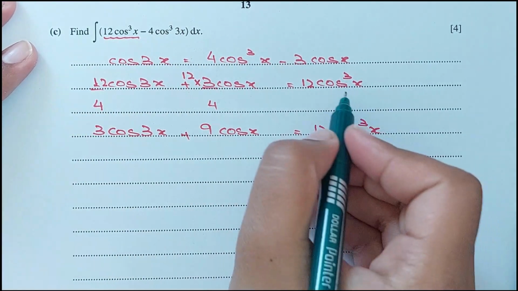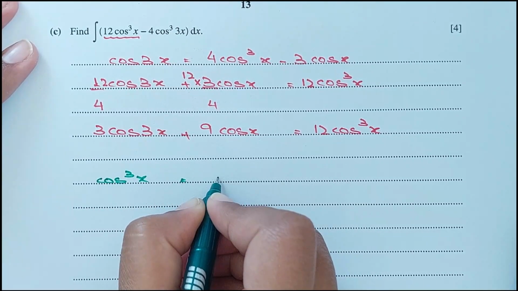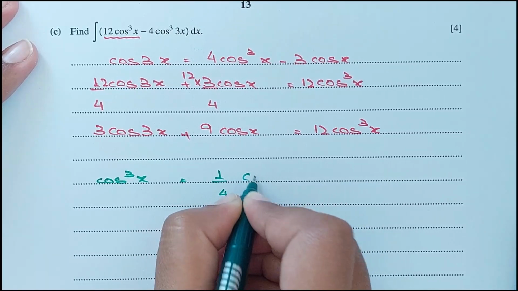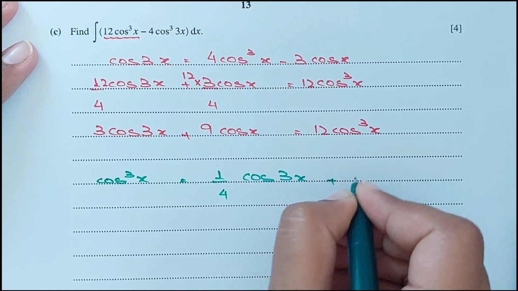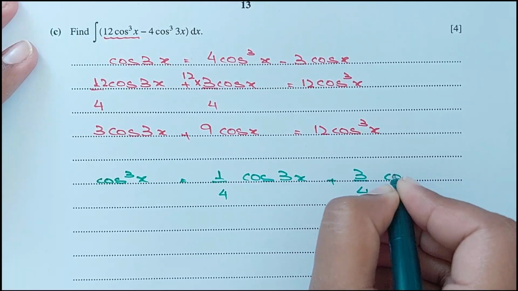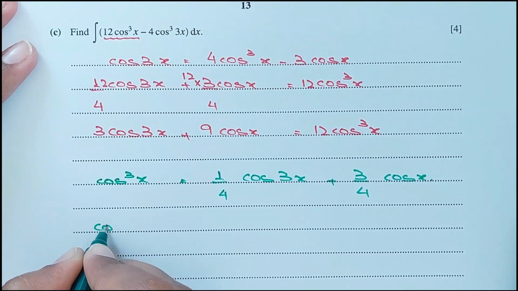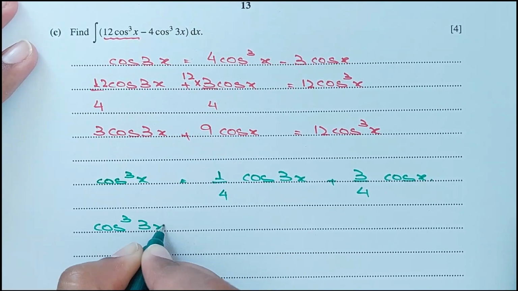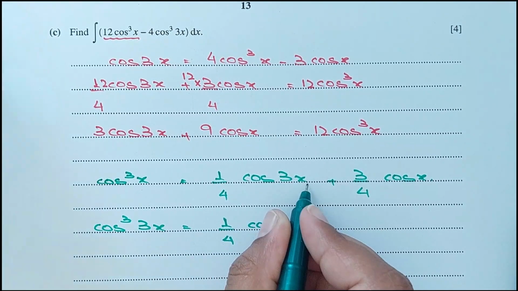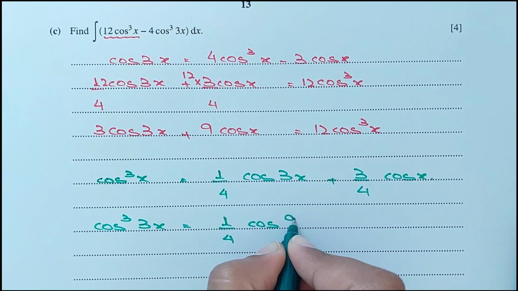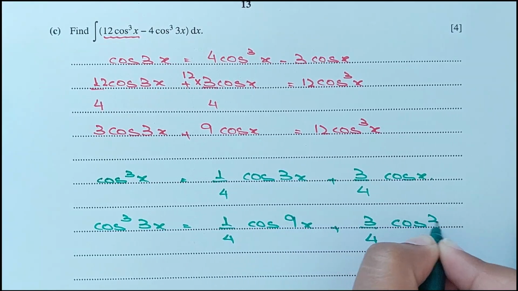So from here, cos cube x we have given is 1 over 4 cos 3x plus 3 over 4 cos x. If I replace x with 3x, cos cube of 3x is 1 over 4 cos 3 times 3x, 3 times 3 is 9x, plus 3 by 4 cos 3x.